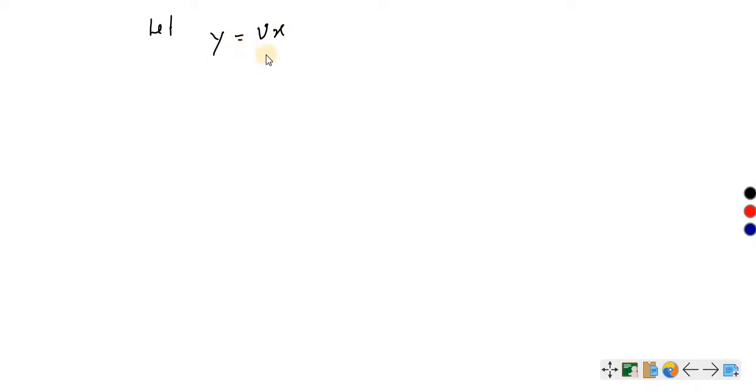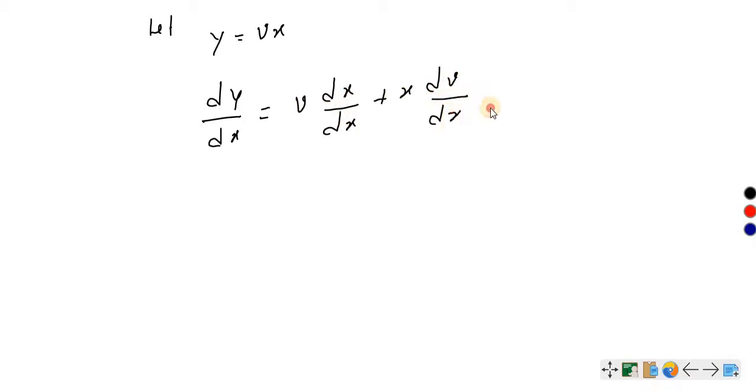Now if you differentiate this with respect to x, we get dy by dx equals v dx by dx plus x dv by dx, that is v plus x dv by dx. This is the way to solve a homogeneous equation. After getting this, we can reduce this further.